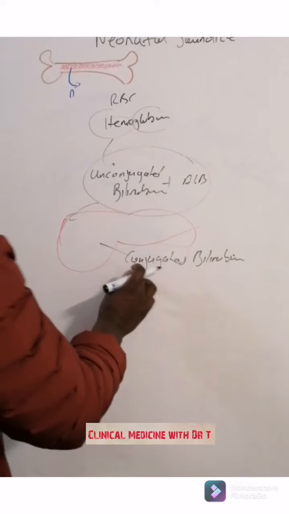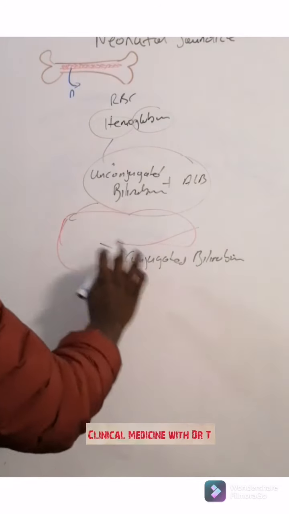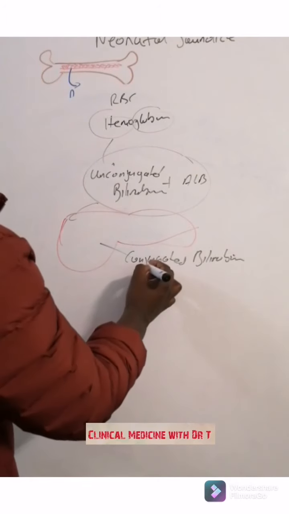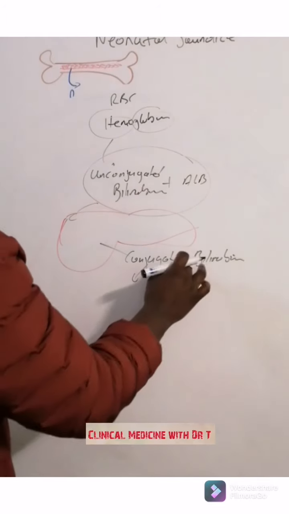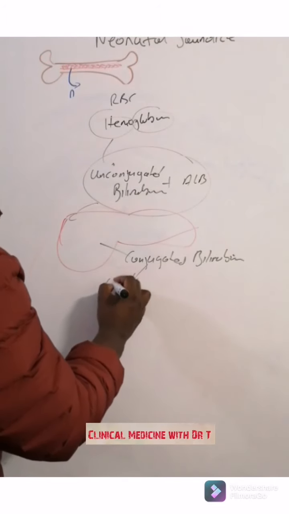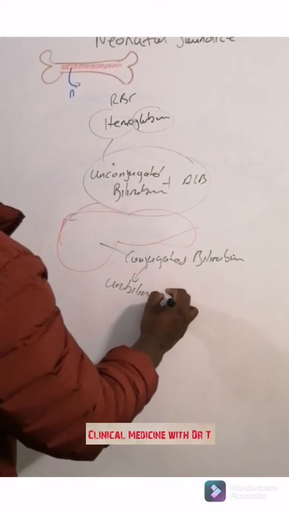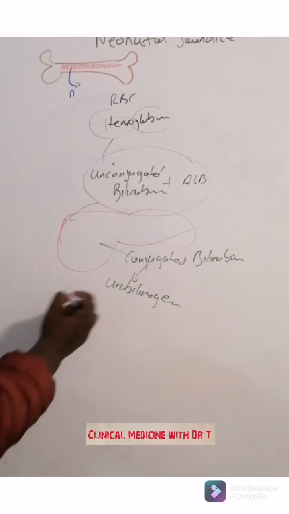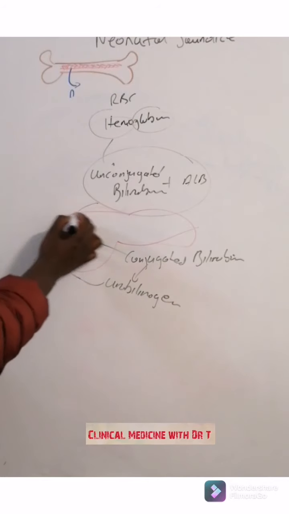So this conjugated bilirubin can now be released from the liver into the intestine. When it's released into the intestines, normal flora act on it and convert it into urobilinogen, right? About 5% is reabsorbed and goes back to the liver.